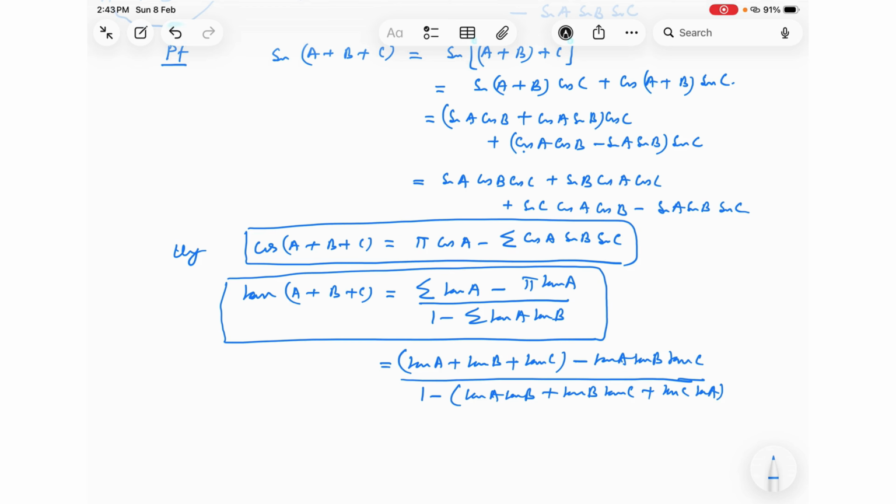Now there is one very, very important note point I want to discuss based on the tan A plus B plus C formula.